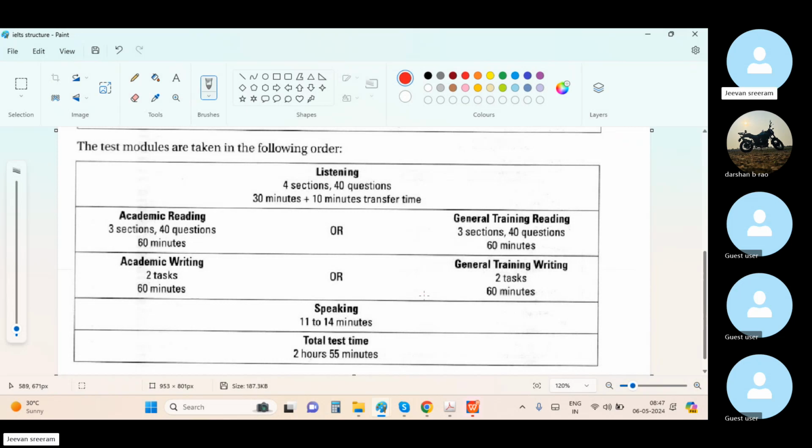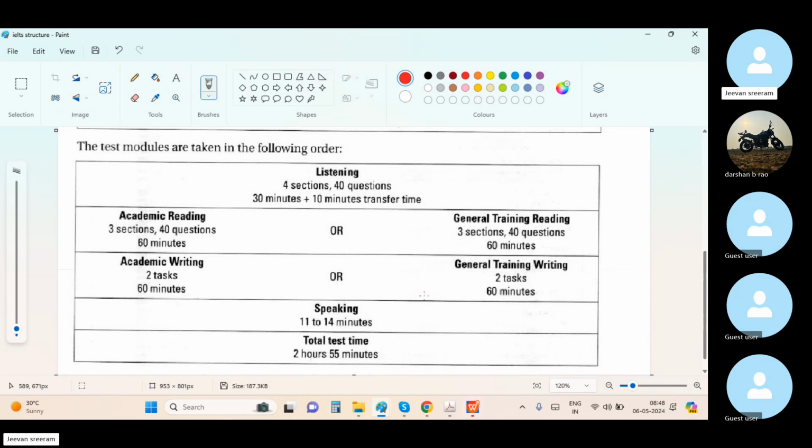The academic student should be able to write about it, should be able to summarize the information given in this diagram in at least 150 words, with a proper and standard structure of the response: introduction, overview, body paragraph 1, body paragraph 2, and a kind of concluding paragraph.